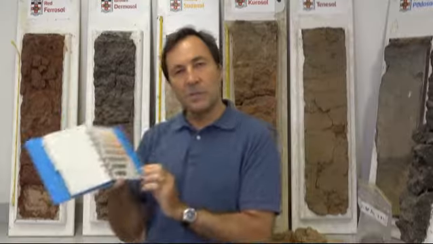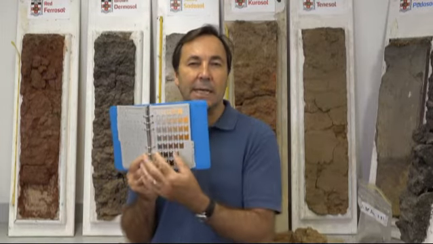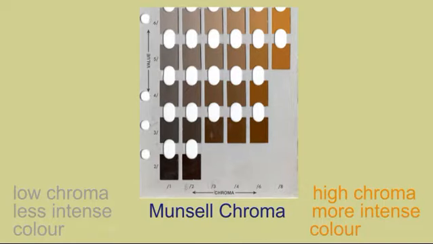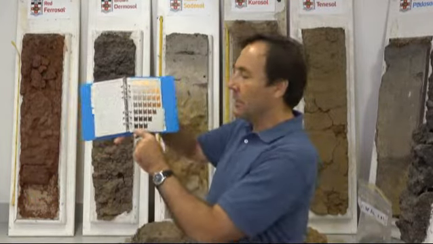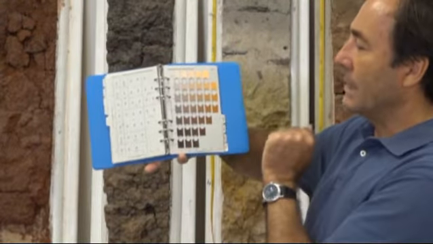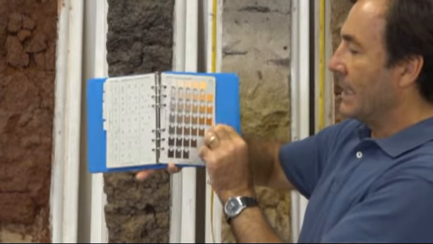And the chroma is the purity or the intensity of the colour. The colour is much more intense on the right-hand side, and much less intense on the left-hand side. They tend to be dominated by the blacks down the bottom corner and the white colours up the top, and you can see the colours are much more intense and more saturated.